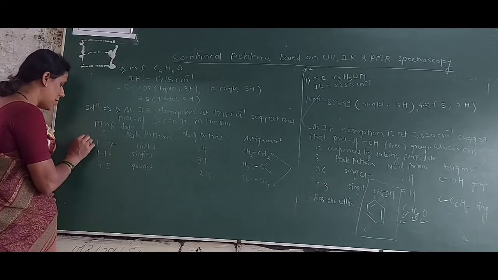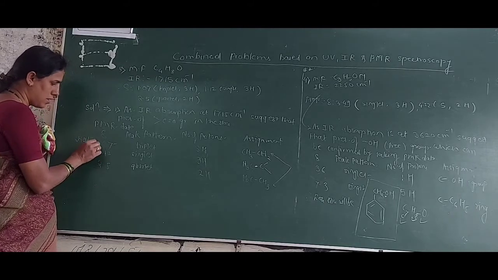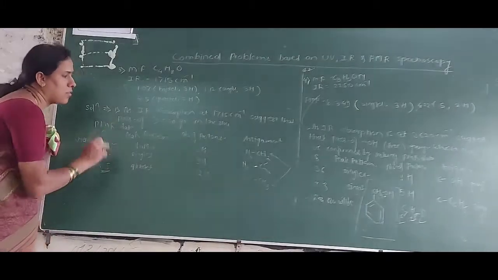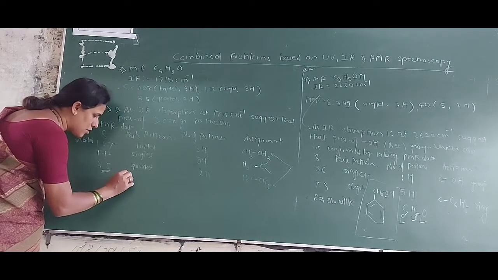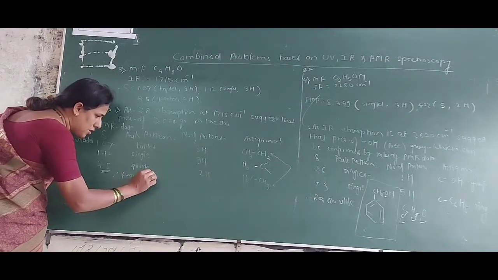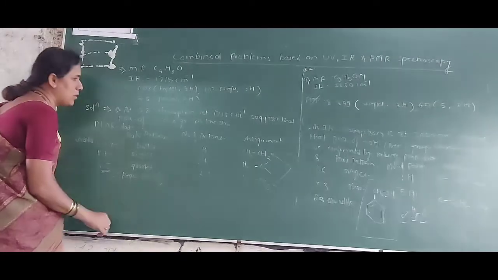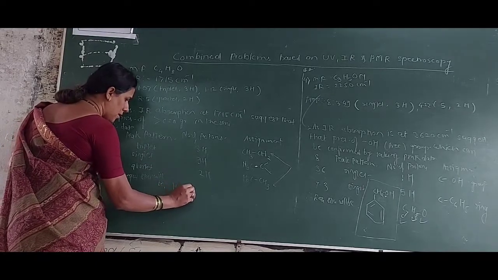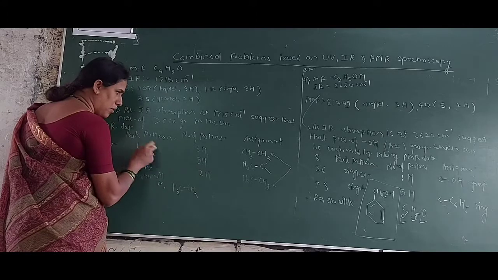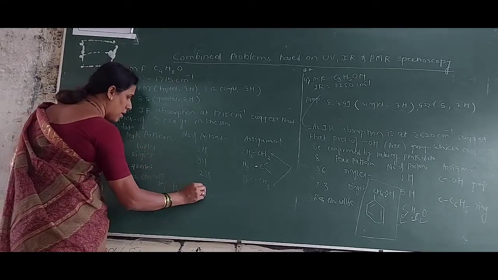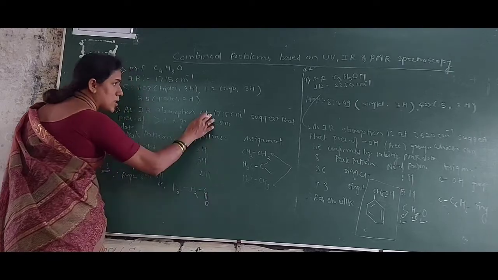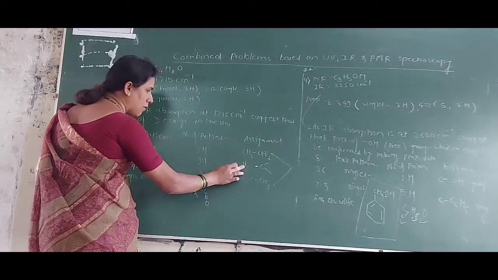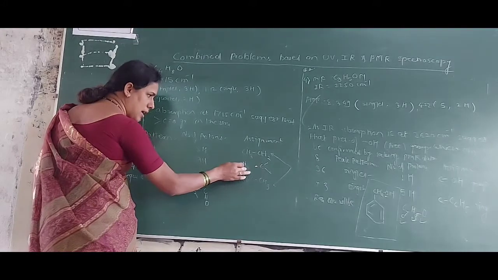This is a more shielded proton, and this is less shielded in comparison with it. Therefore, the required structure will be: first we consider this CH3, then CH2, the triplet, then the singlet CH3, with CO in between. The singlet CH3 is attached to C.